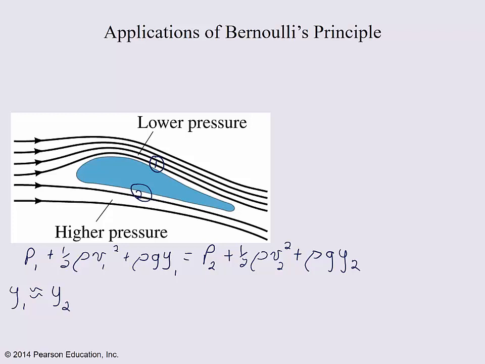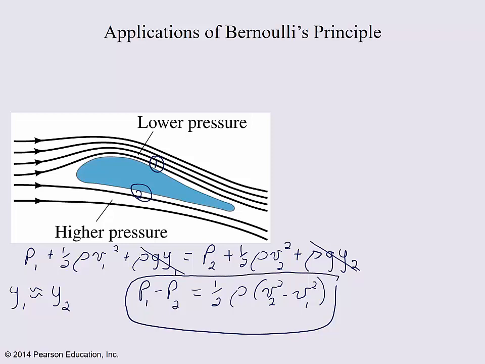So we can get rid of these two terms because they're going to cancel each other out. And we can end up looking at the difference of pressures, and P1 minus P2 turns out to be 1/2 rho times (v2 squared minus v1 squared).